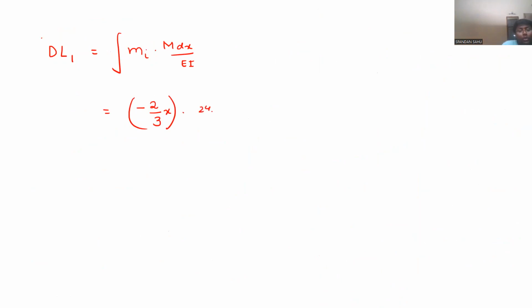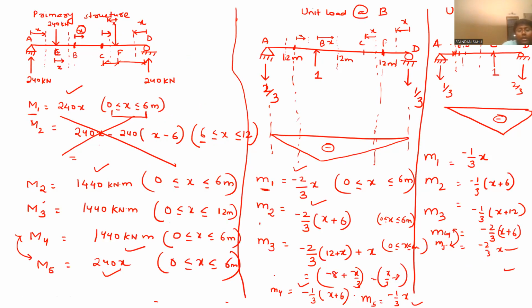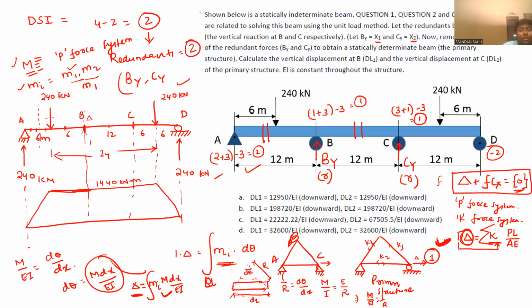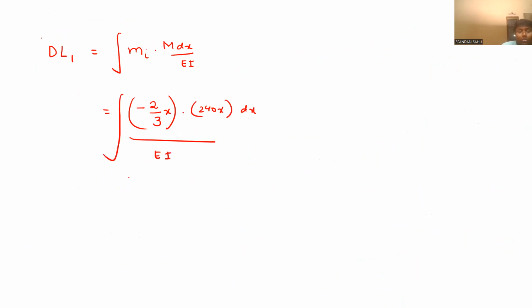Capital M is 240x dx by EI, and that integration will be from A to E. A to E means 0 to 6. Like this, how many parts will come?